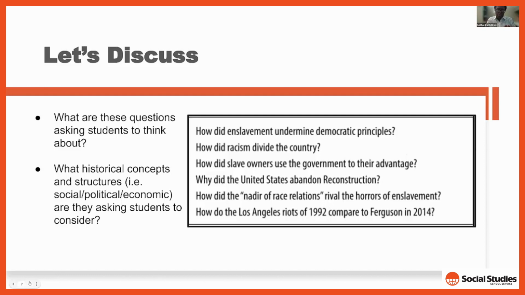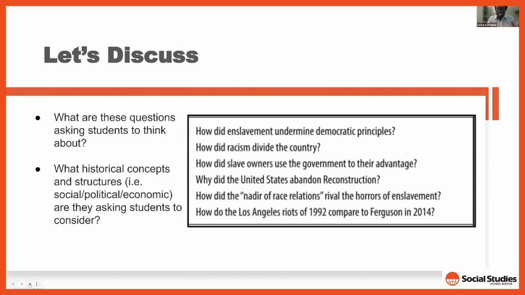All right, so let's go ahead and start off with a quick discussion. On the screen right now, everyone, is a series of inquiries. What we're asking you to do is just go ahead and carefully read those inquiries. And as you're reading, please keep the following questions in mind. The first question is, what are these questions asking students to think about? And then secondly, what historical concepts and structures, such as social, political, or economic structures, are they asking students to consider?